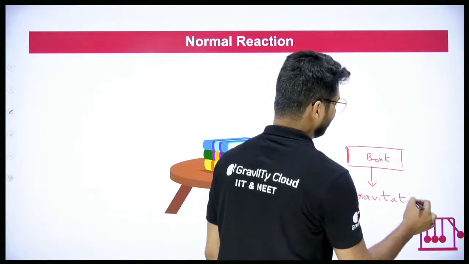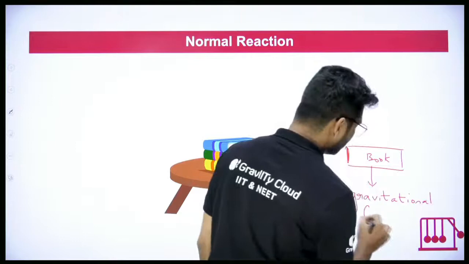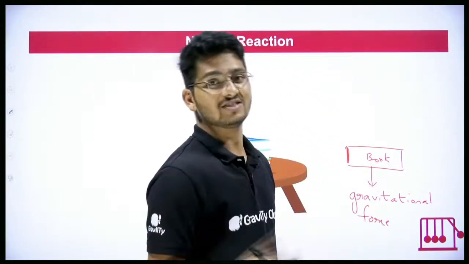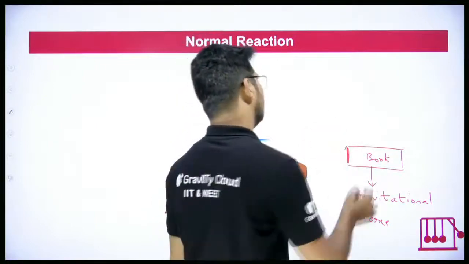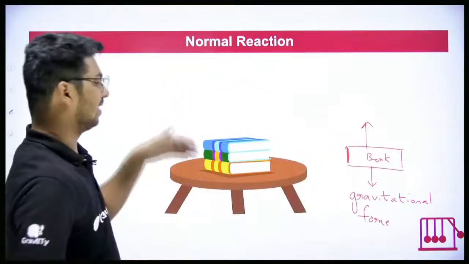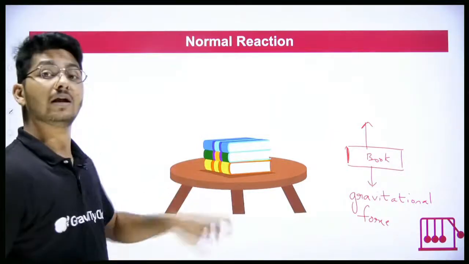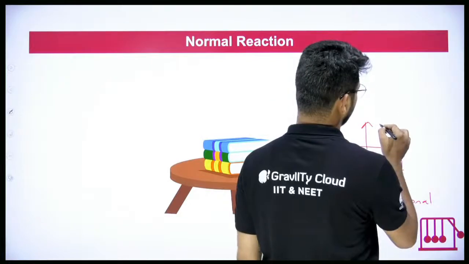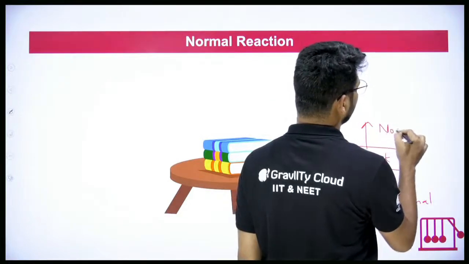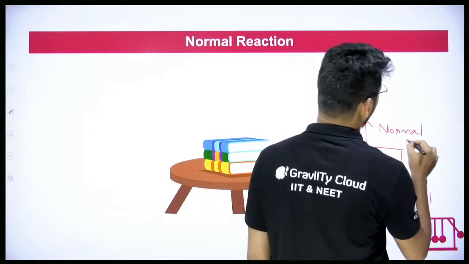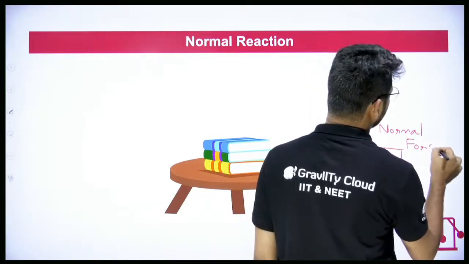If gravitational force by Earth is acting, it should go down. It is not going down. That means there is someone stopping the book from going down. Who? The table. How? The table applies an upward force.